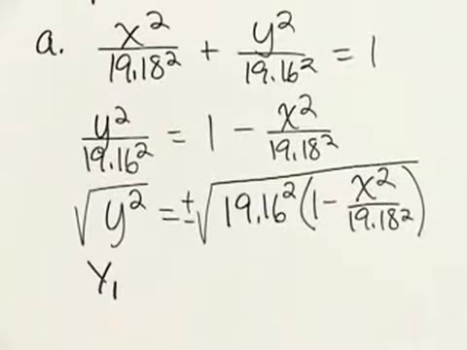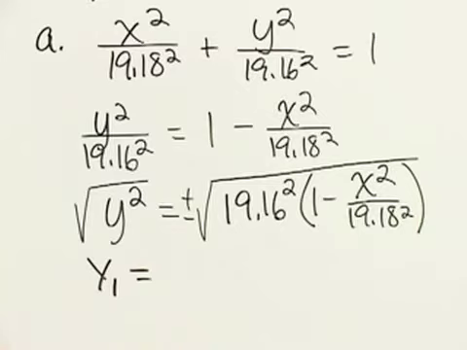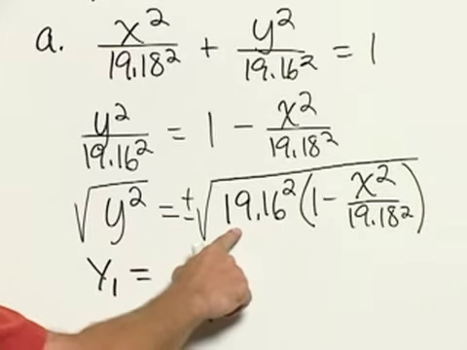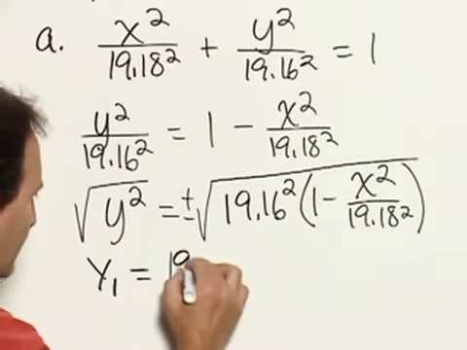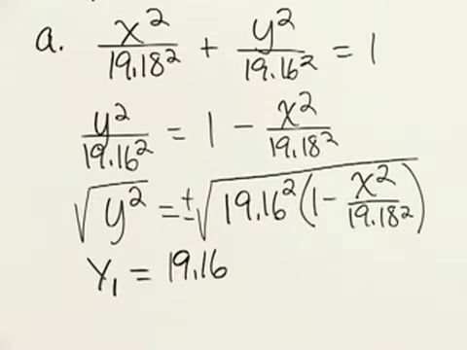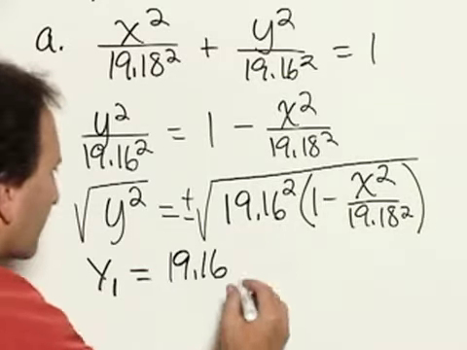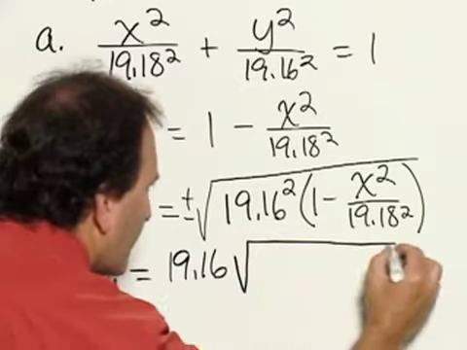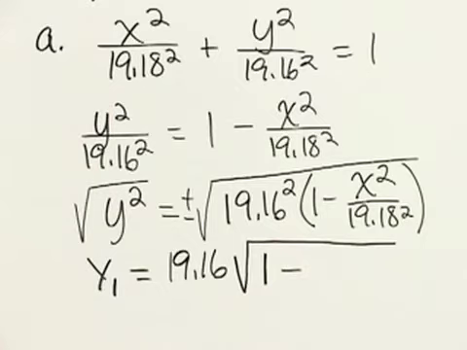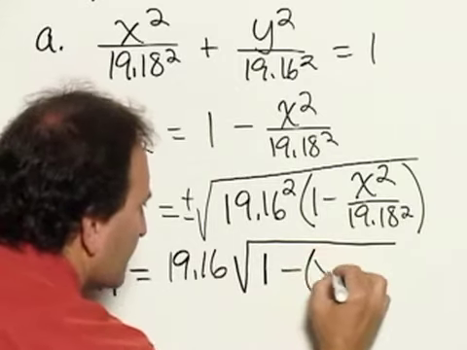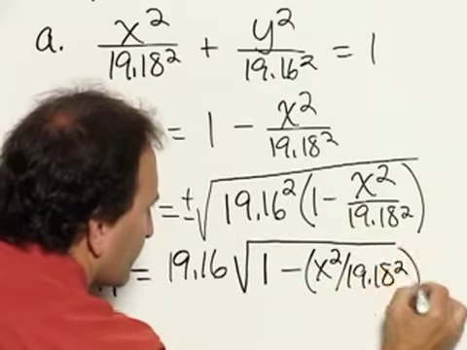So let's write what those two equations would be to enter them into the calculator. It would be y sub 1 equals, we'll take the positive square root first. I want you to notice that we can take the square root of 19.16 squared, and of course that's 19.16. However, that's the only simplification we can do inside the radical. So that leaves us with, inside the parentheses, 1 minus, and now I'm going to put this in parentheses, x squared slash 19.18 squared.